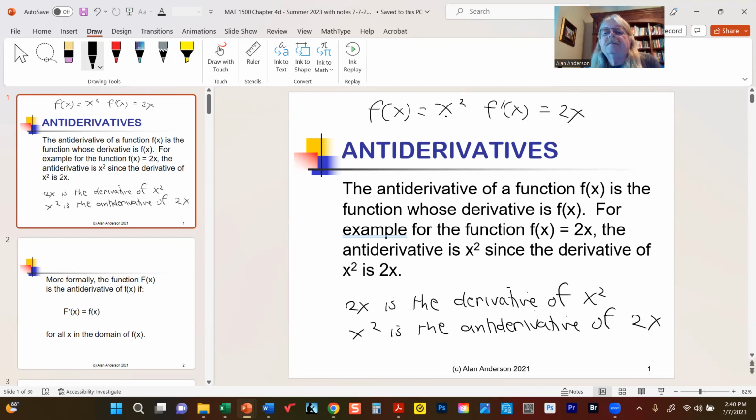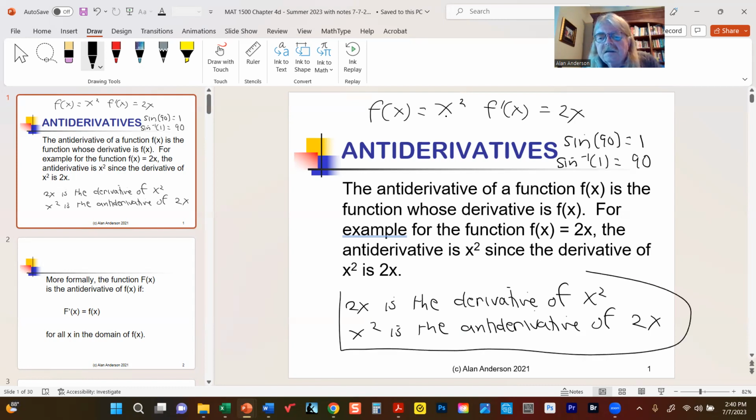In the same way that if the sine, let's say of 90, I think it's 1. Hold on. Yeah, the sine of 90 is 1. Then the arc sine of 1 is 90. It's the same relationship here. So 2x is the derivative of x squared, which implies that x squared is the so-called antiderivative of 2x.